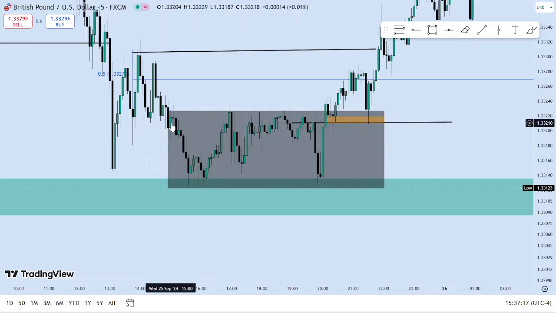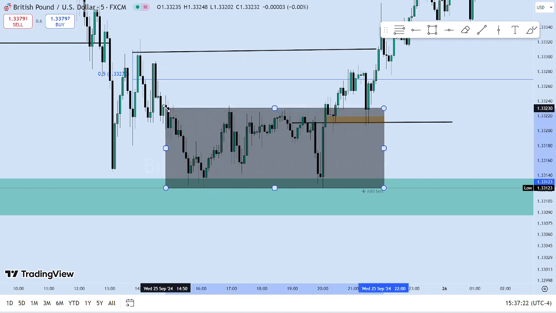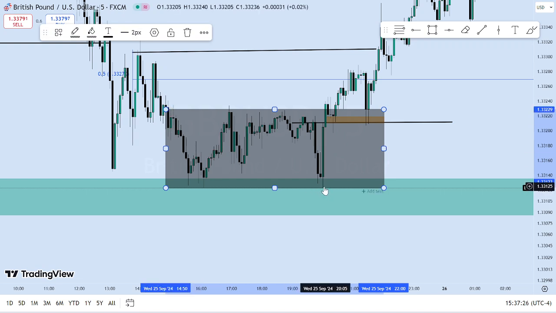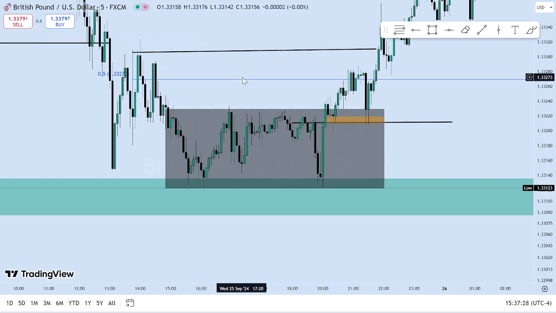You measure from the high of this candle to the low. It's higher than this, the high that created the range. It's just the wick, but the body here is higher than this.